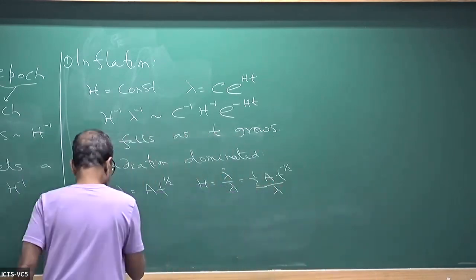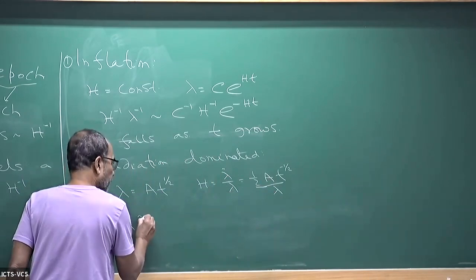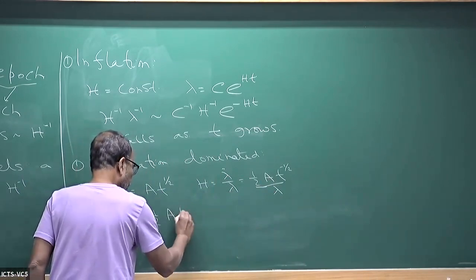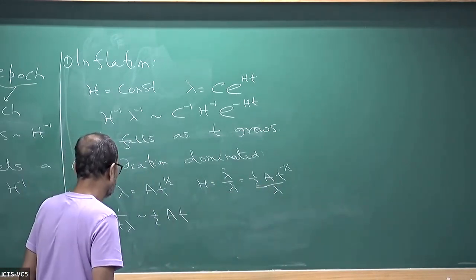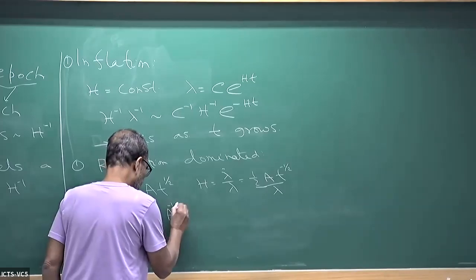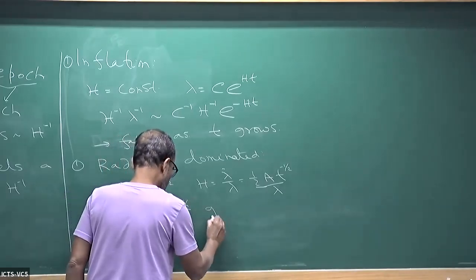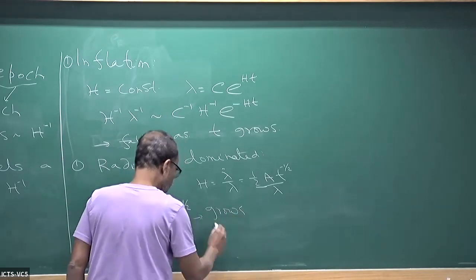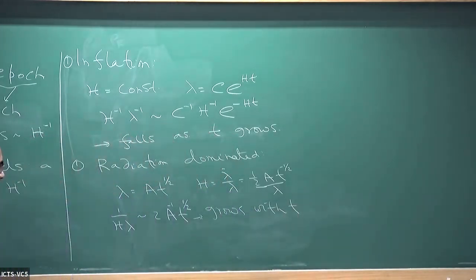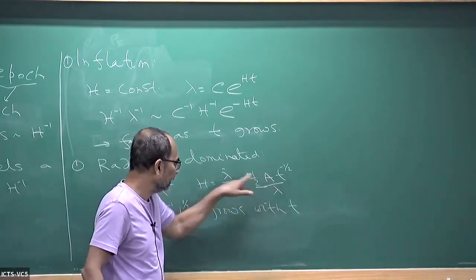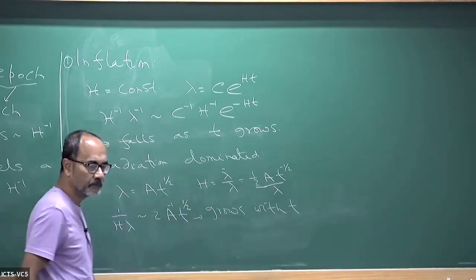So 1 over h lambda goes as 2 a inverse t to the half. So it grows. I just took 1 over h lambda and this came on the other side, 2 a inverse t to the half. The important part is the power of t.